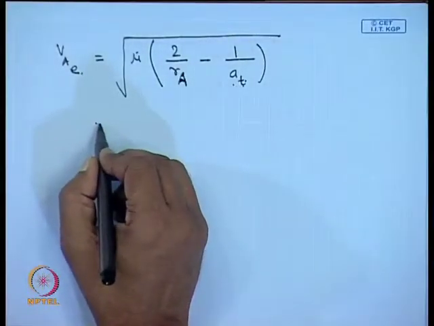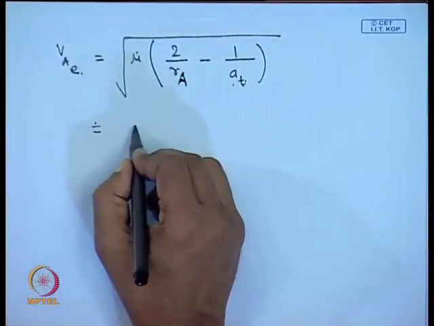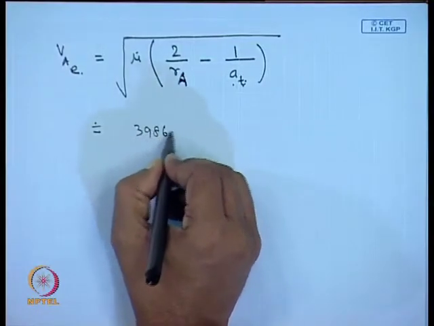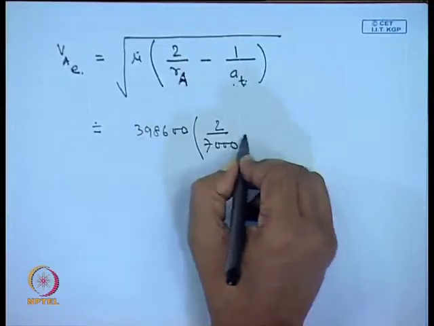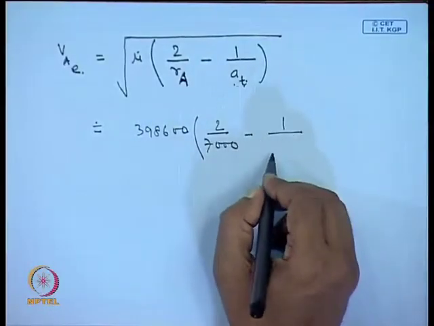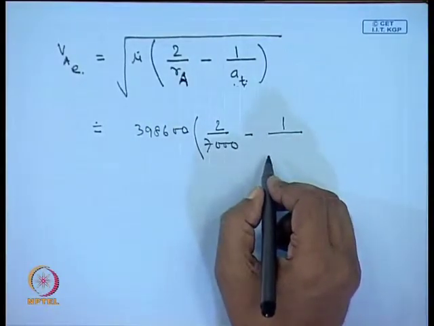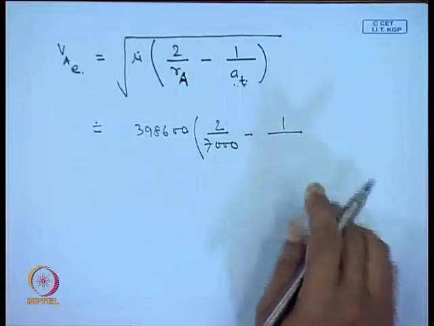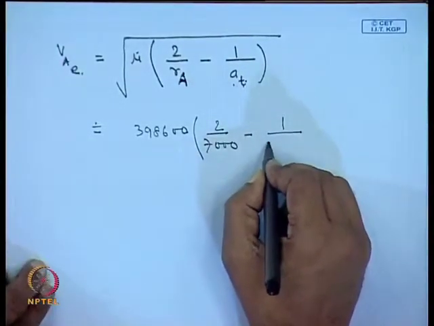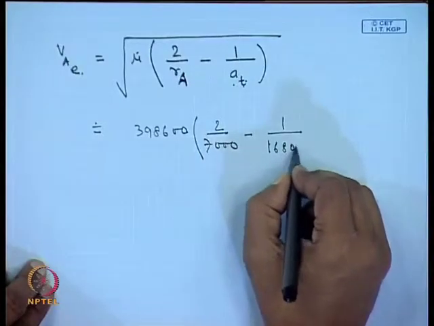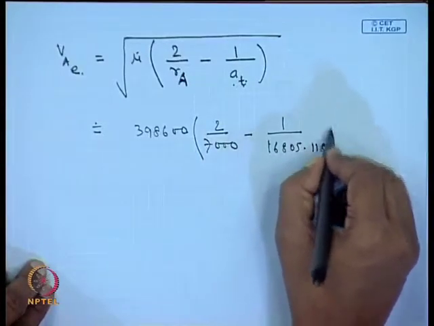Okay. So, inserting the values, and A will turn out to be 16,805.118.